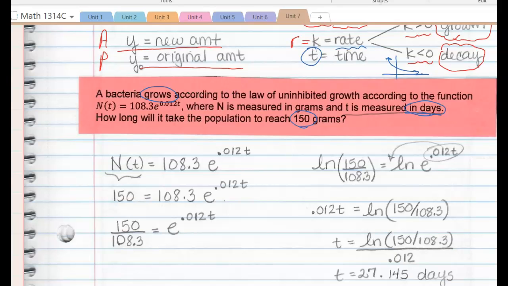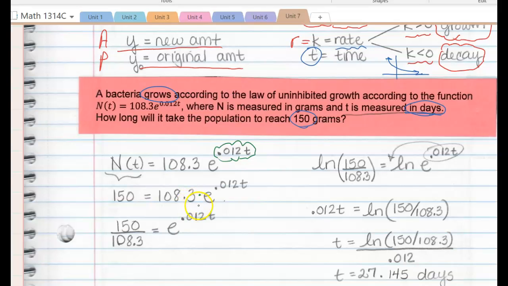Just like we did in the previous video, where we're looking for our variable and our variable is in the exponent, we need to isolate that. So we have 108.3 times e to the 0.012 t.